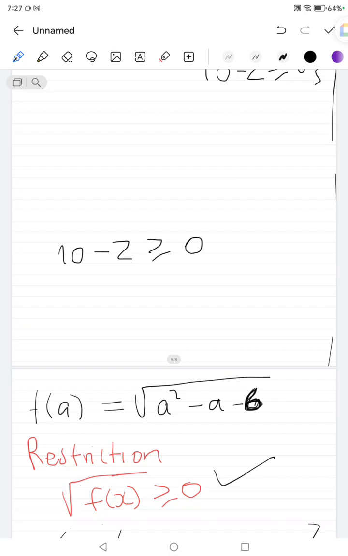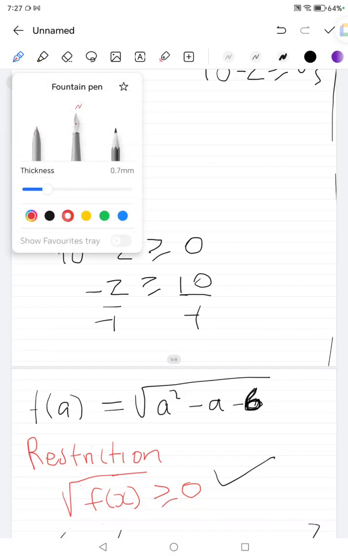So let's pretend we were having something like this: you're going to have your minus z is greater than or equals to 10. So when you're having something like this and you're supposed to divide by a -1 just to ensure that our z is positive, we're going to divide by -1, then when we divide by a -1, the sign is going to change.